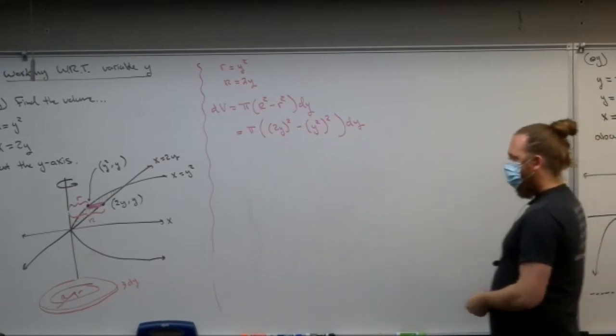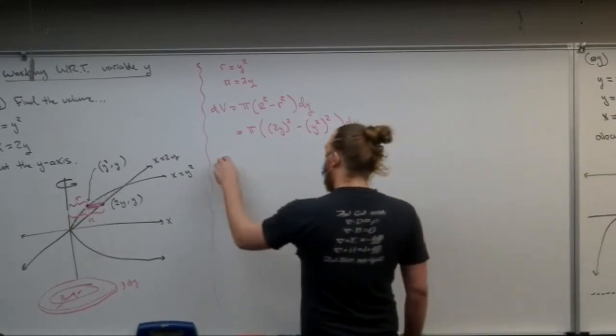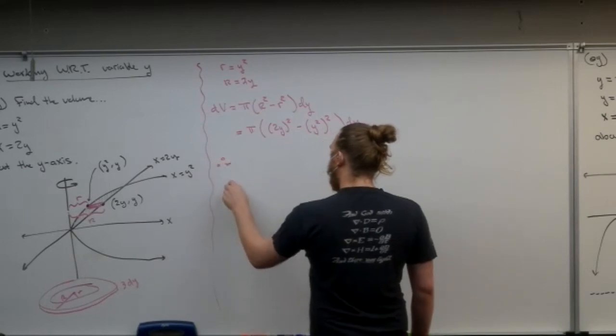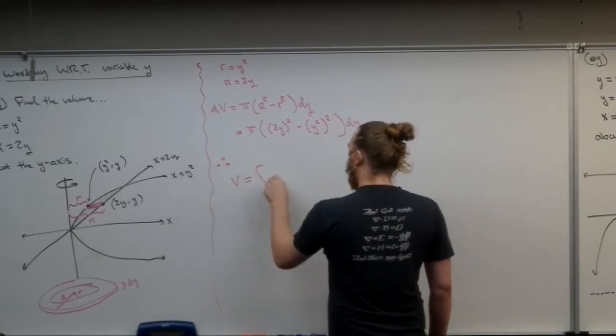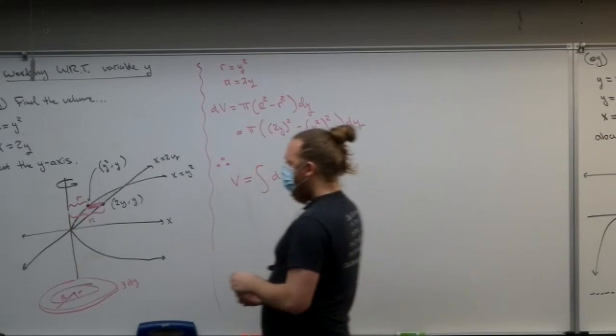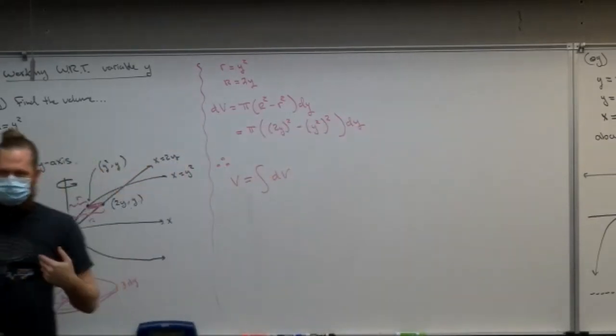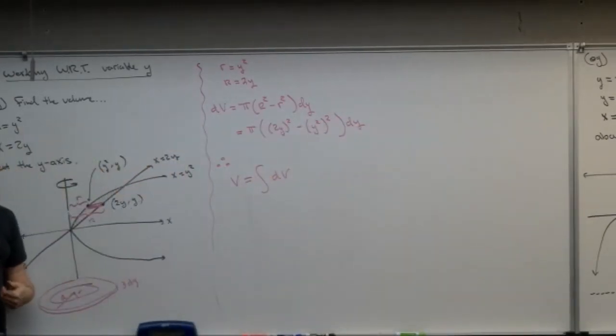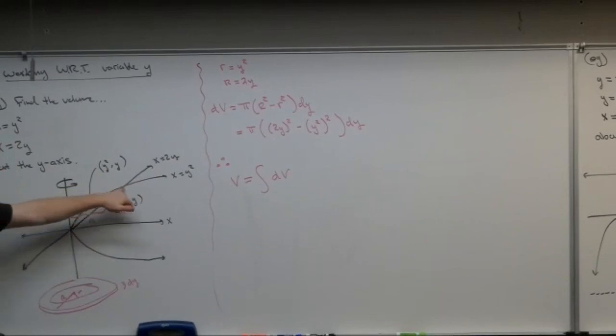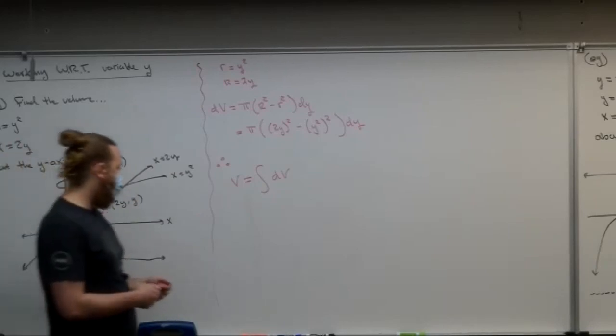And then the last thing you would need to do is find your bounds. We would integrate here from the smallest y value in the region to the largest y value in the region, right? I think of this strip as moving through this region now. The smallest y value is 0. We need to know the y value up here where 2y and y squared touch.